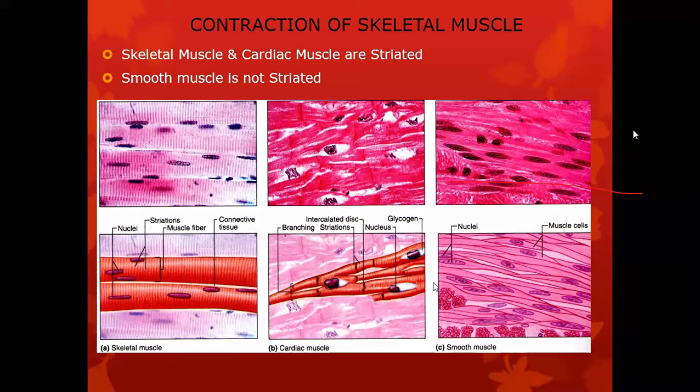And here in the smooth muscle, there are no striations. The cardiac muscle has intercalated discs, while the striations of the skeletal muscle are due to the sarcomere, okay? The thick and thin filaments.